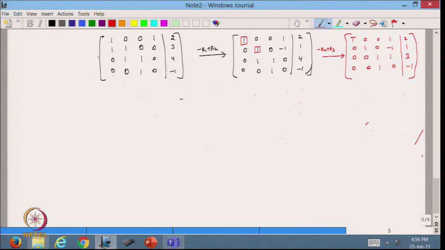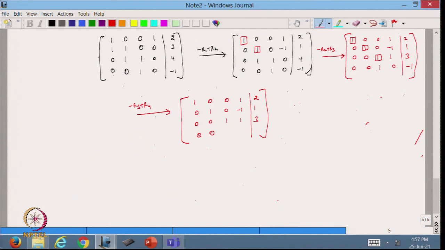Now from here you just check, this is a pivot, this is a pivot, this is a pivot. For the last step I can apply minus R3 plus R4, and ultimately I will get 1, 1, 0, 0, 2, 0, 1, 0, minus 1, 1, 0, 0, 1, 1, 3.